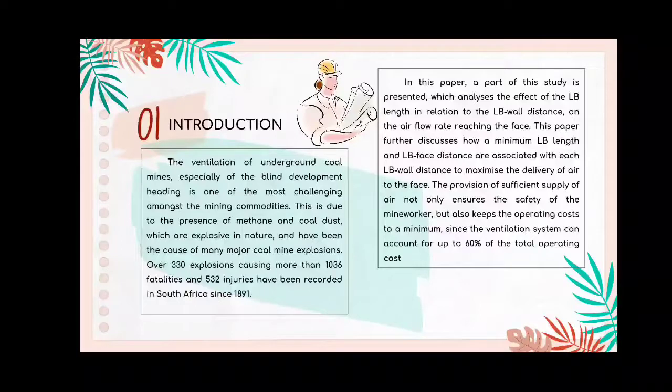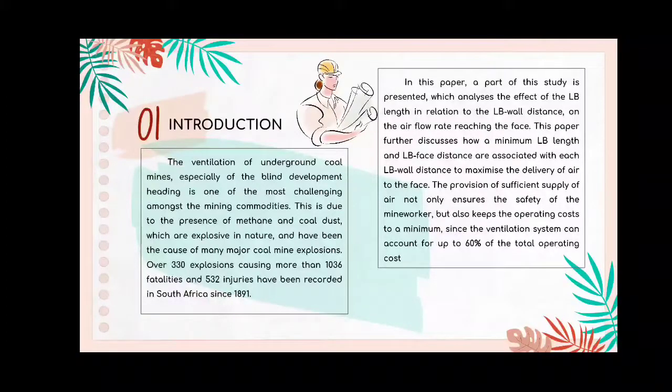In this paper, a part of this study is presented, which analyzes the effect of the LB length in relation to the LB wall distance on the airflow rate at the face. This paper further discusses how minimum LB length and LB face distance are associated with each LB wall distance to maximize the delivery of air to the face.